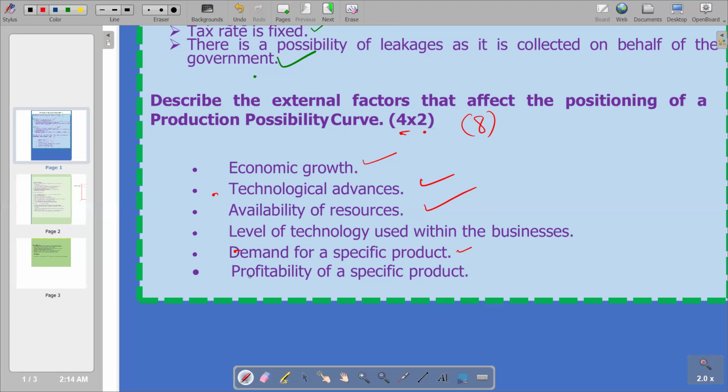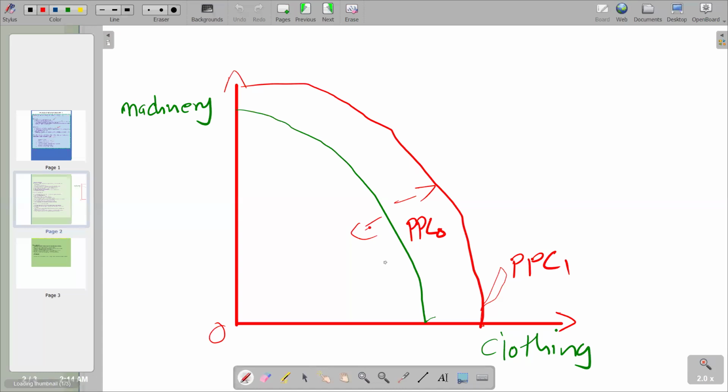Then lastly, we've got profitability of a specific product. If you go to our PPC, you see that we have machinery on the vertical axis, and clothing on the horizontal axis. Maybe the one that has more profitability is going to be clothing, so clothing is the one that is going to increase its production, and we are going to have an outward shift for clothing only.